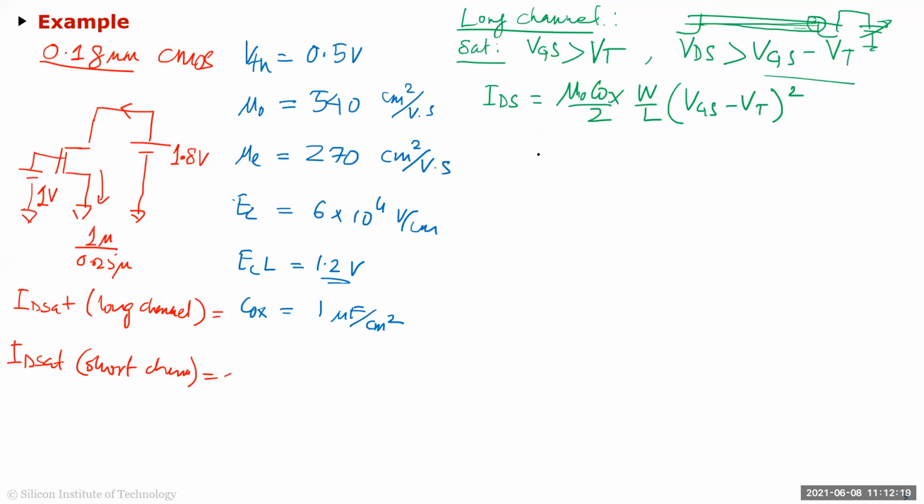Mu naught is 540 centimeter square per volt second, times Cox is 1 microfarad per centimeter square, times W over L, which is unitless, so that's 4, and then VGS minus VT is 0.5 whole square.